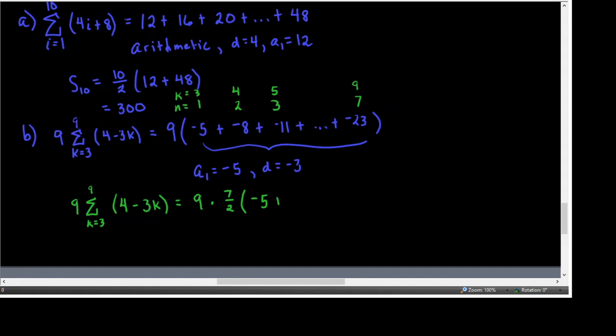plus the 7th one, which is -23, and let me do that arithmetic really quickly on my calculator.